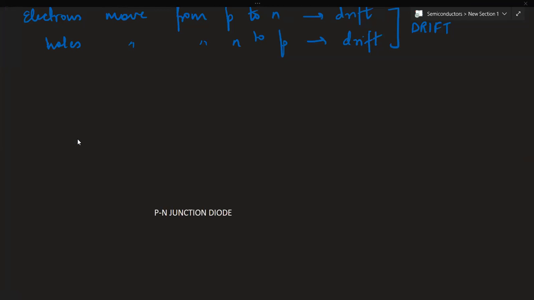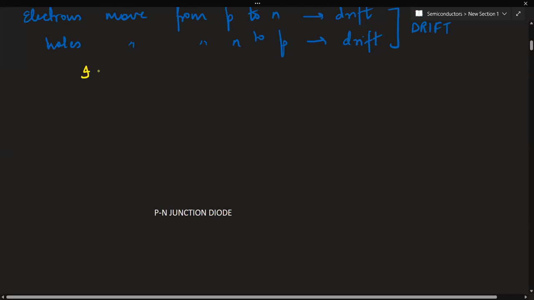See, one more thing. In case of equilibrium, this diffusion process becomes equal to the drift process. So what kind of movement will take place if diffusion and drift are equal?